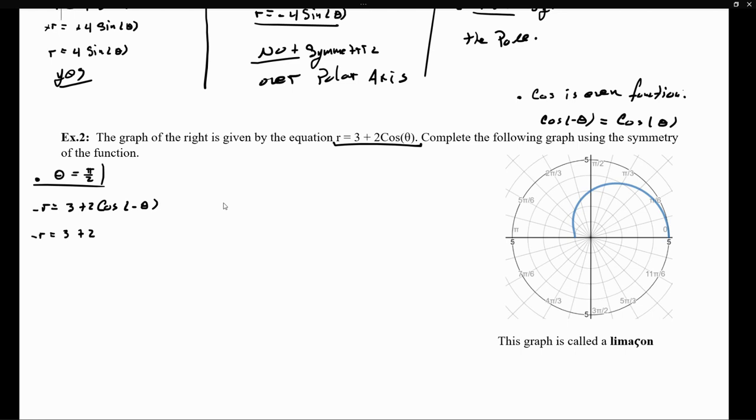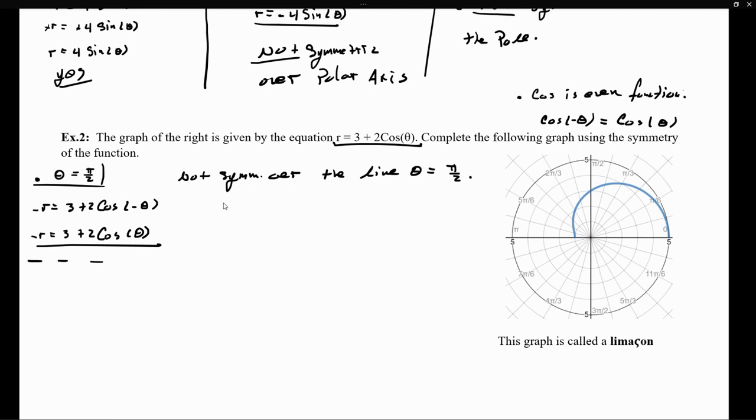So therefore, cosine of negative theta is just equivalent to the cosine of a positive theta, and there's nothing else that we can do to this function. So now notice that by plugging in the values negative r, negative theta, I don't get the original equation back. So therefore, this function is not symmetrical over the line theta equals pi over 2.